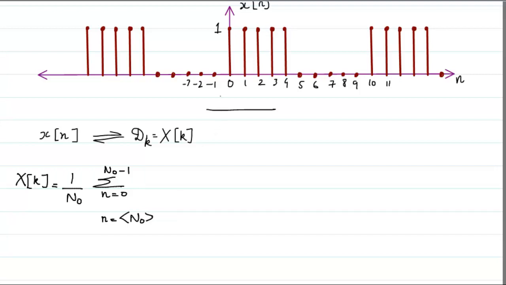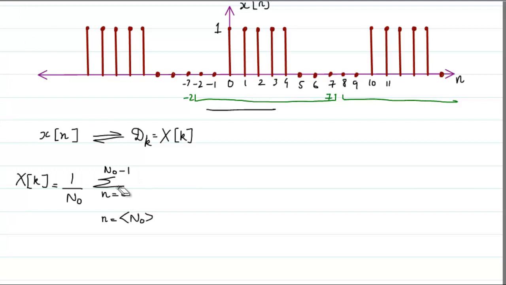That means you can start from here and say that this is a period, or you can even start from another point and go all the way and say that this is the period, because after that the same values repeat. So the period can go from 0 to 9, or it can even go from -2 to 7, because the same thing keeps on repeating.